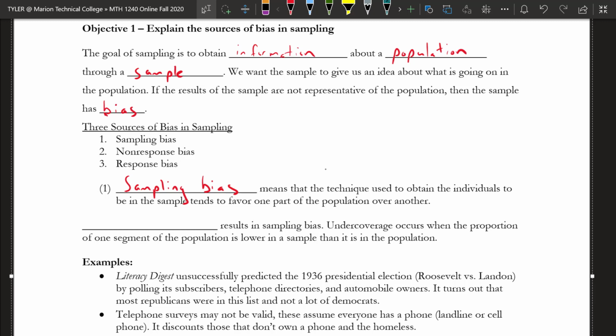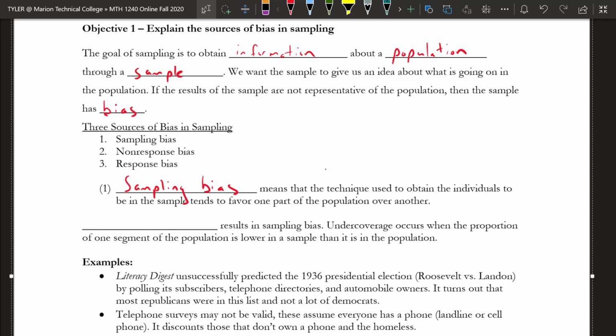So the method you're using is not really representative of everyone in the population. That's why randomness is important. Any convenience sample is going to have some kind of sampling bias because the individuals are not chosen at random.